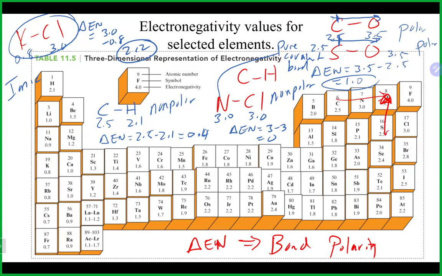There are cases where it will be the same as molecular polarity, but in most cases, it will not be unless it's a diatomic molecule. If it's not a diatomic molecule, then it will not be the same thing. If it is, it actually will be the same thing. But usually when we use difference in electronegativity values, we're looking at bond polarity. Question on that there.